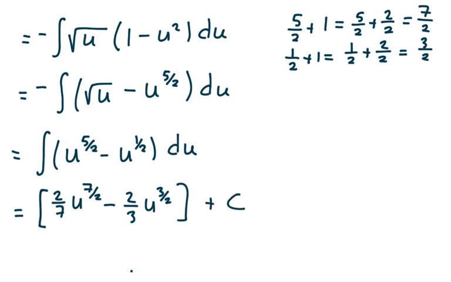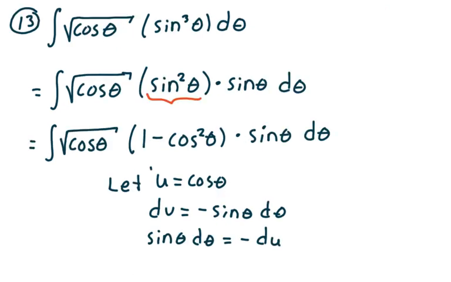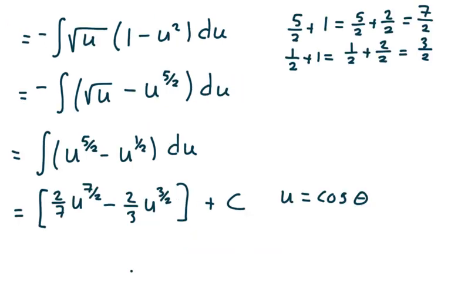But remember, u is cosine of theta. So remember, we can go back here. U is cosine theta. And I'm done.